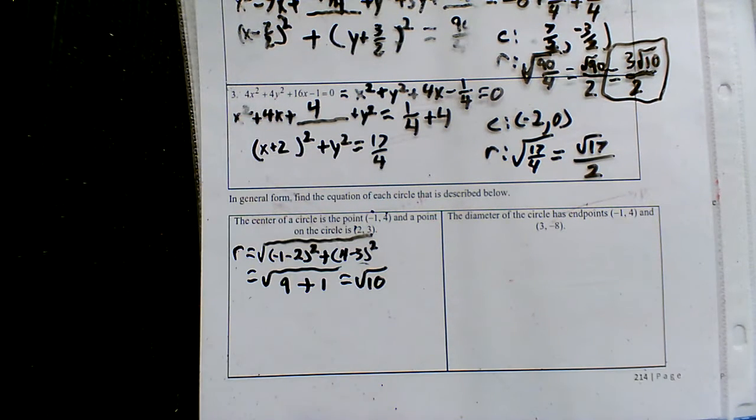So you get square root of 10. So square root of 10 is our what now? Our what? What did we find? Yeah, we have the radius now, so we're good to go. We have our center, we have our radius. We can do what we've been doing the whole time now.